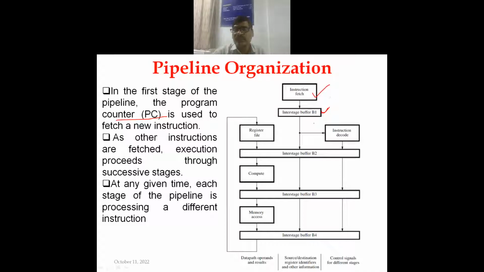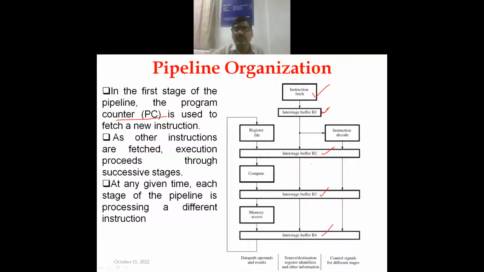We are making use of certain registers, and those register values are stored in the buffer. Between the instruction decode and compute phases, we are making use of another interstage buffer, B2. Similarly, between compute and memory access, we use interstage buffer B3, and between memory access and write operation, interstage buffer B4.